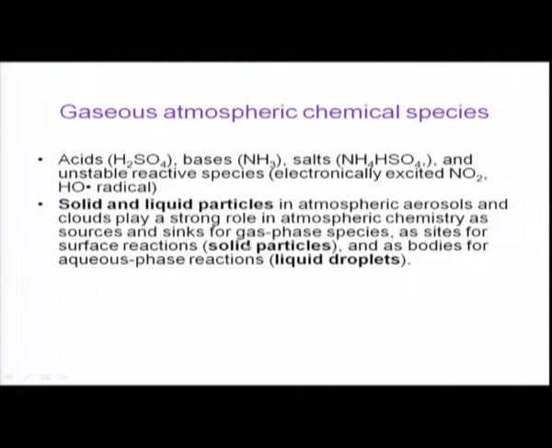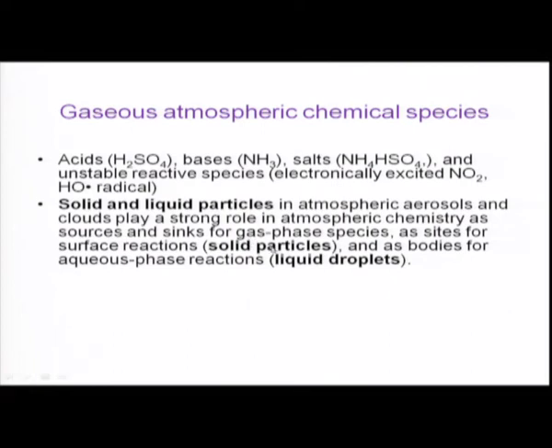For example, if you have a solid particle like black carbon or a soot particle, it has a tremendous surface area, and because of this, black carbon is able to capture organic compounds, and toxic polyaromatic hydrocarbons are part of the components on this solid particle.